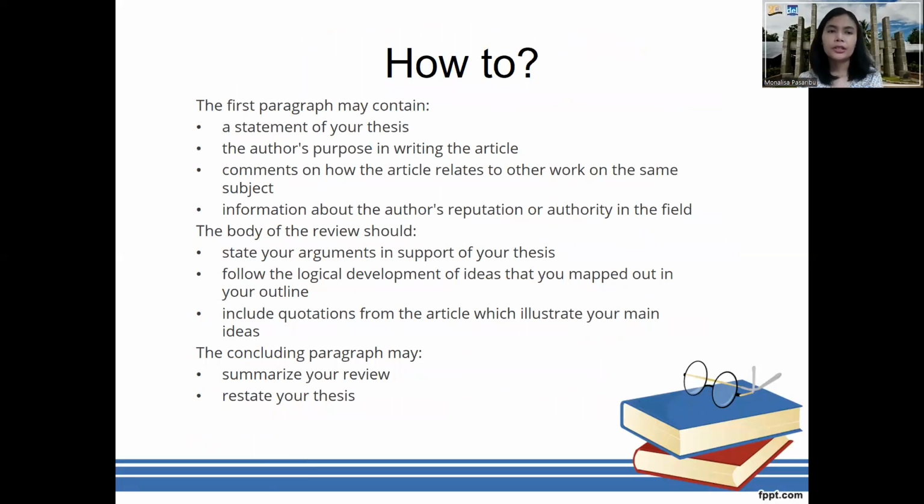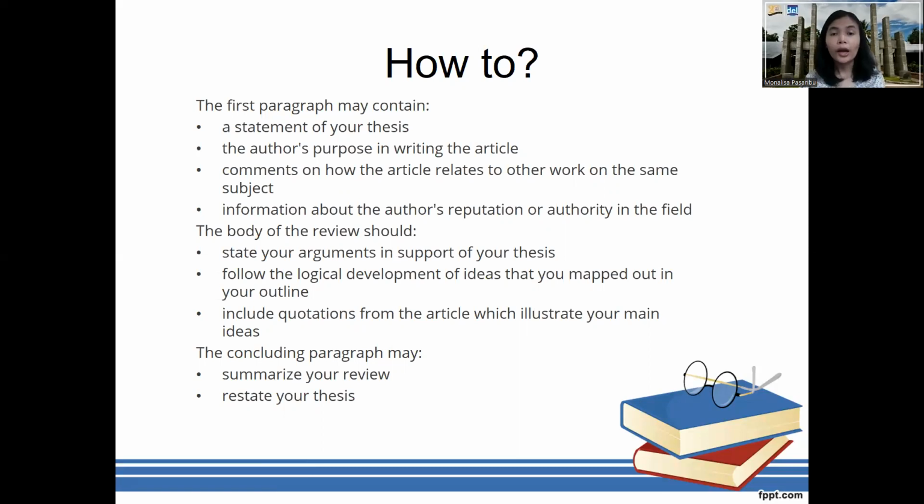All right, I did mention to you also the outline of making a critical review. The first paragraph talks about the statement of your thesis and the author's purpose in writing the article, the comments, and then the information about the author's reputation.